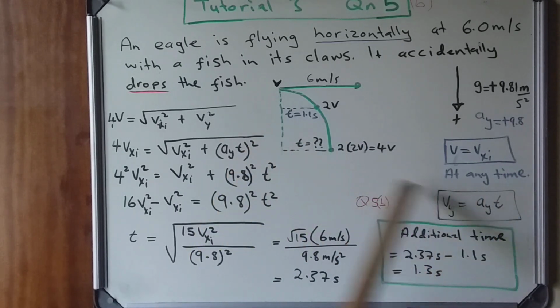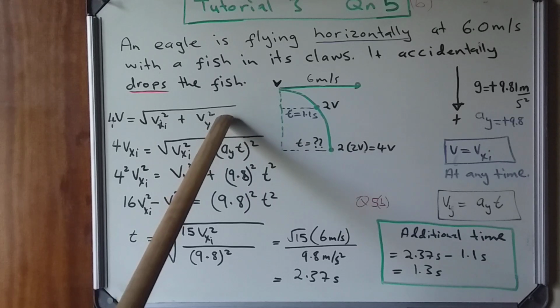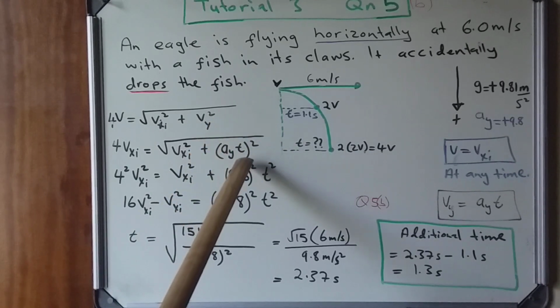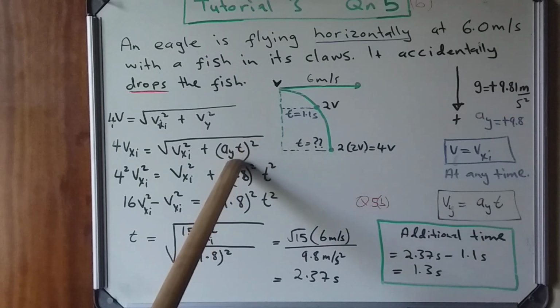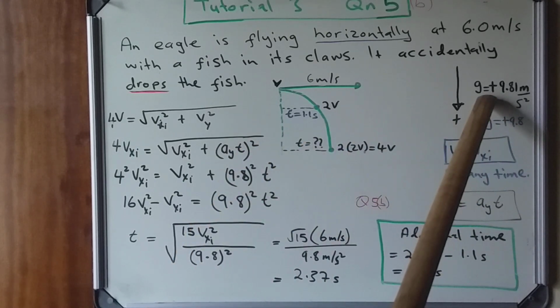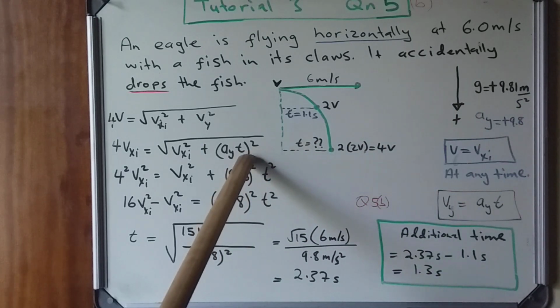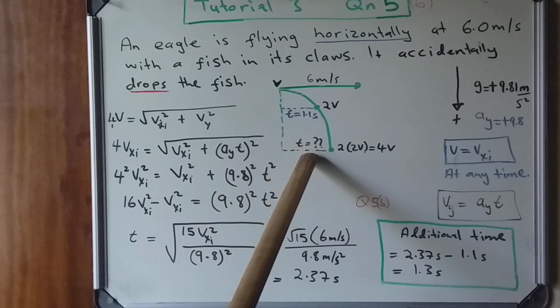So we replace this by that. We are no longer going to put 0 this time. We are going to replace it with the acceleration in the y, which is 9.8 meters per second squared, multiplied by the time, which we are looking for at this point.